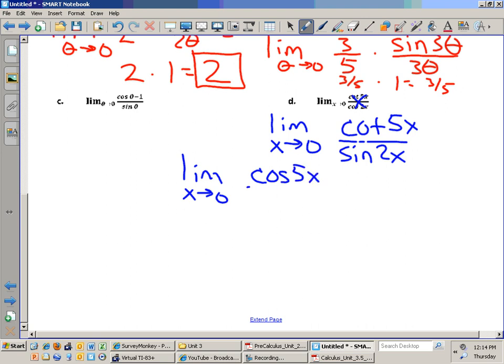Cosine of 5x over sine of 5x divided by sine of 2x over 1.